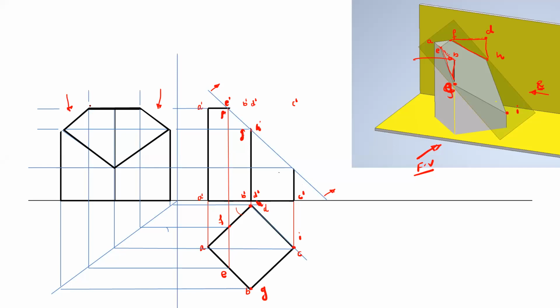Initially draw the front view, top view and side view with a thin line. Then the visible geometry, after removing the upper portion, show by a continuous thick line. Now this portion and this portion we will show by the hatching lines.